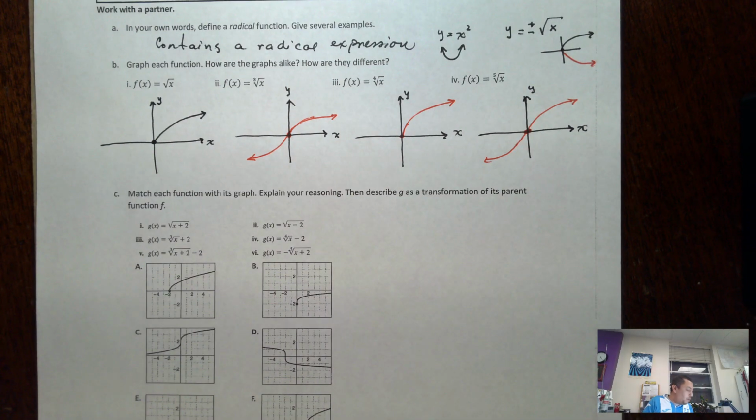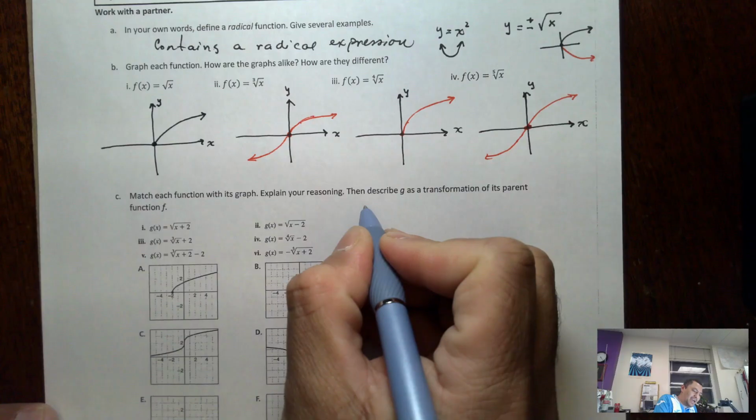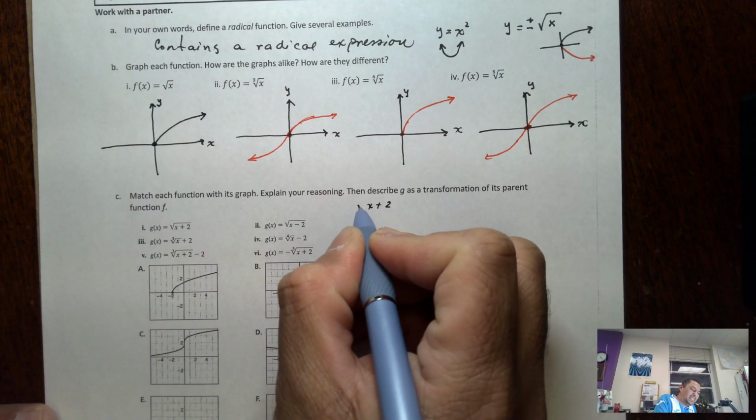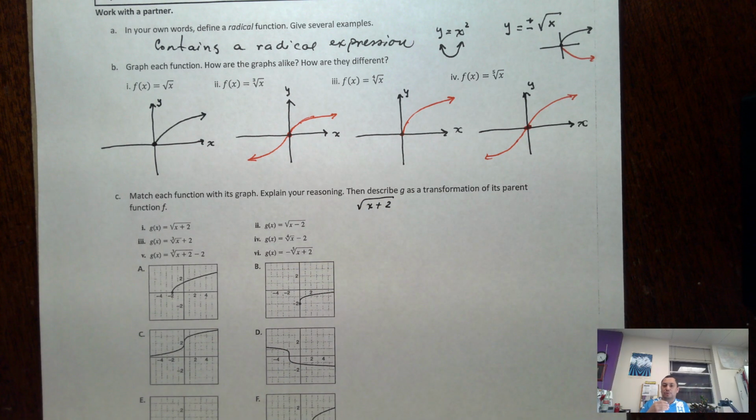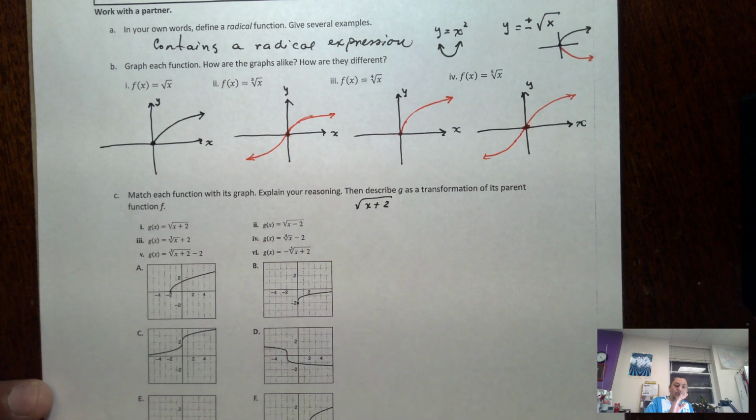Problem 1 in this case is similar to those parabola transformations. Remember that if I have x plus 2 inside a radical, I'm going to do the opposite movement of the sign.